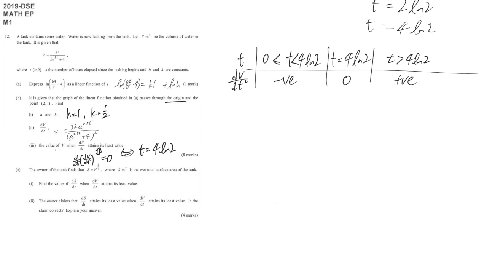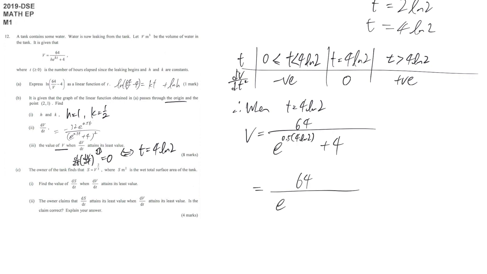What is asked is the value of v in this situation. So when t is equal to 4 natural log 2, then v is equal to 64 over 1 plus e power of 0.5 times 4 natural log 2, plus 4. We just calculate this one.